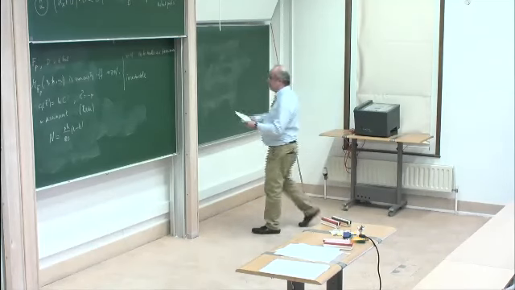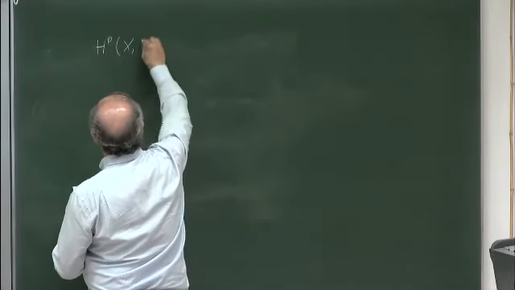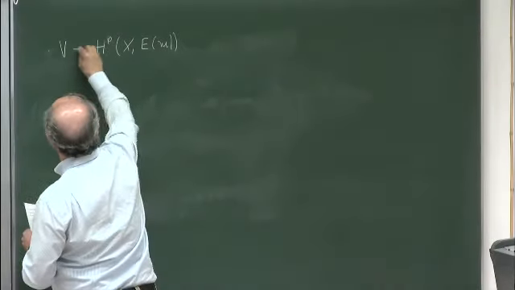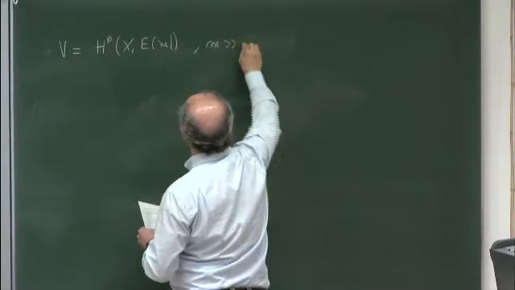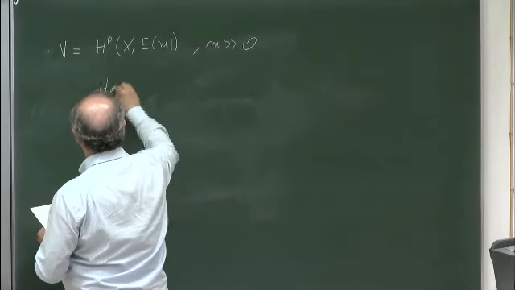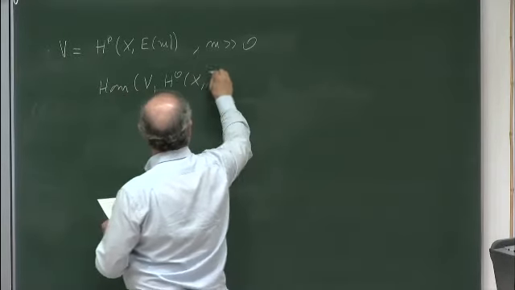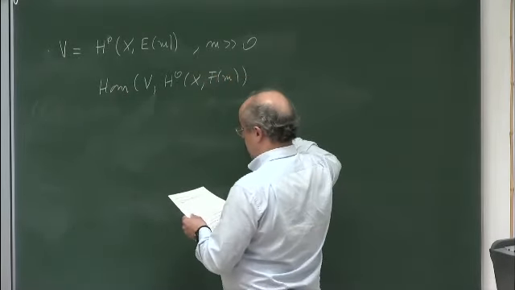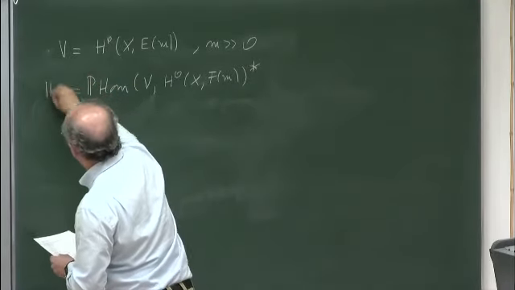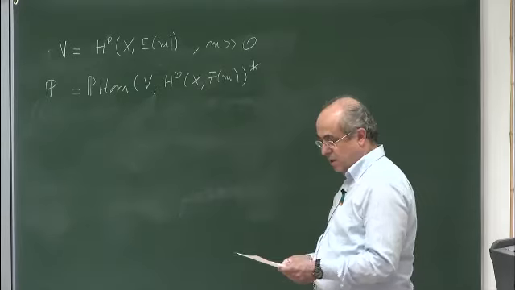These are the usual elements of the GIT construction of moduli spaces. We consider this space for m big enough. We call it V, and then we consider the possible homomorphisms from V to the space. Take dual and projectivize, and we call this P.